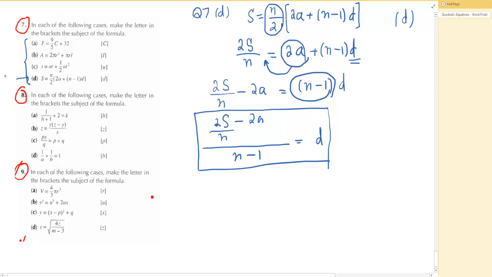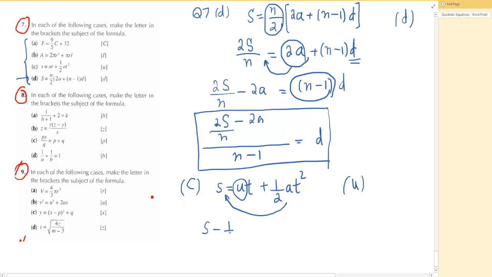C. Oh, okay. C, beta. Look at the C. Here S is the subject. And this formula is in physics. Here we have to make U the subject. Where is U? U is here. I told you that whatever is plus minus, shift that first.